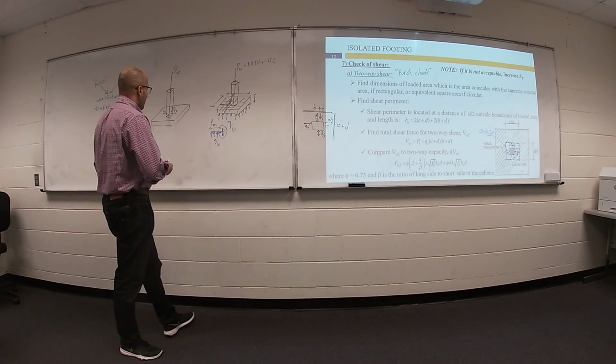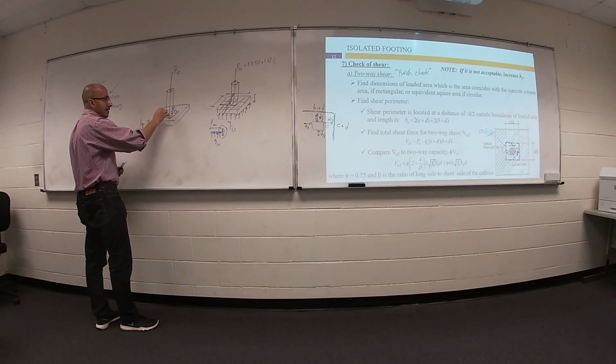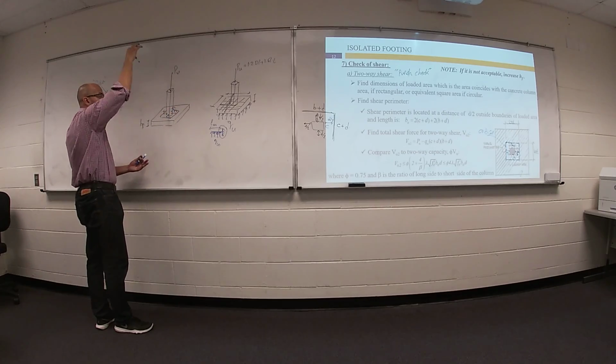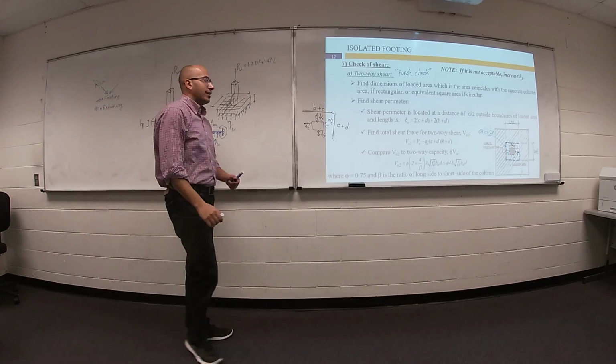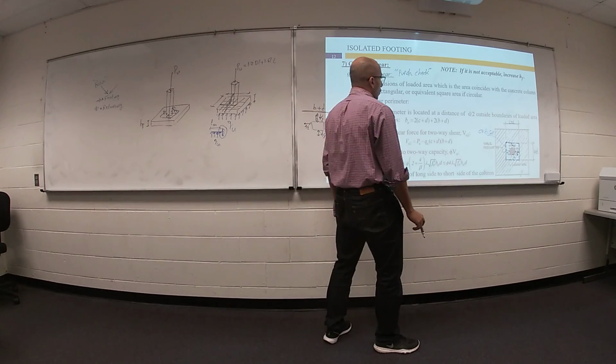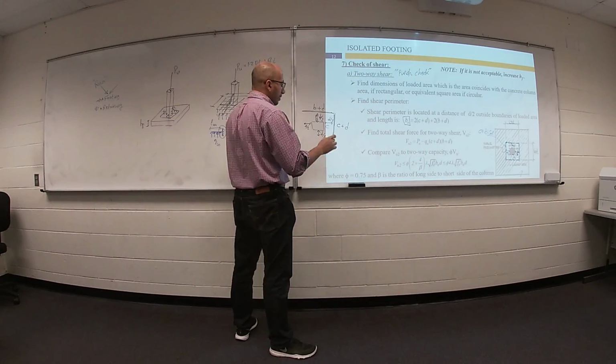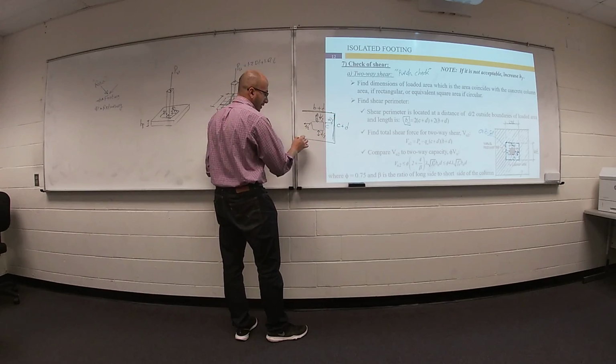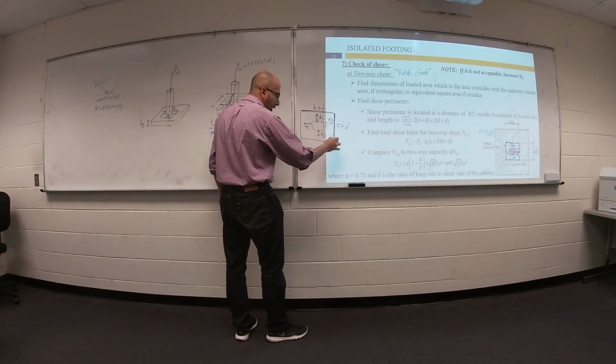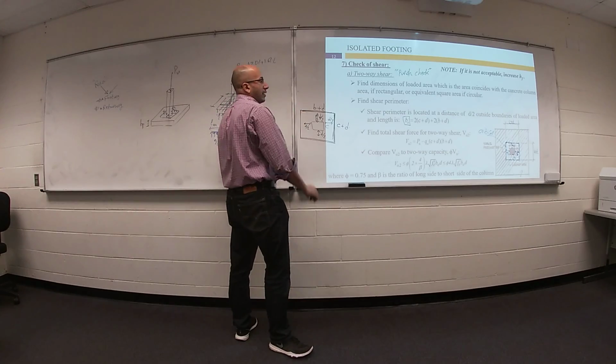So this area, with the column, will punch your footing. We have a perimeter called b naught, equal to this length plus this one, plus this one, plus this one.